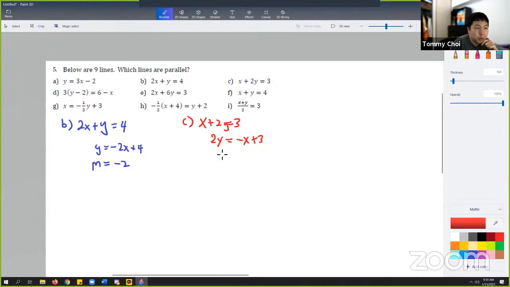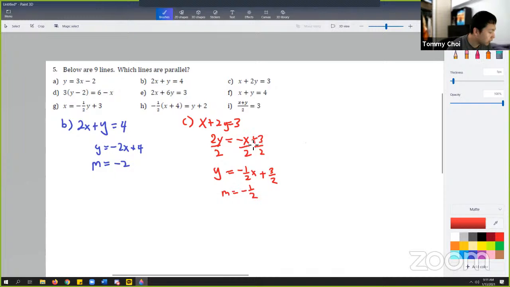And then we divide everything by 2 to get rid of the 2 on the y. And that's going to give me y is equal to negative 1 over 2x plus 3 over 2. And doing so, I get m is equal to negative 1 over 2.